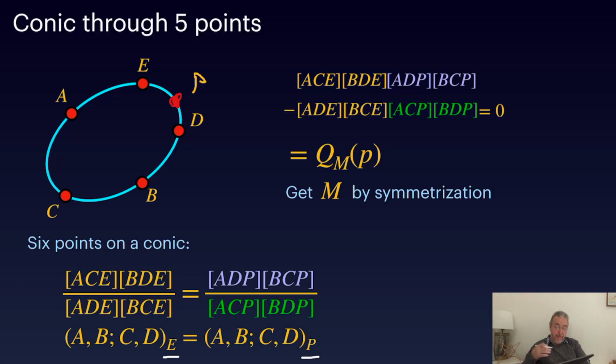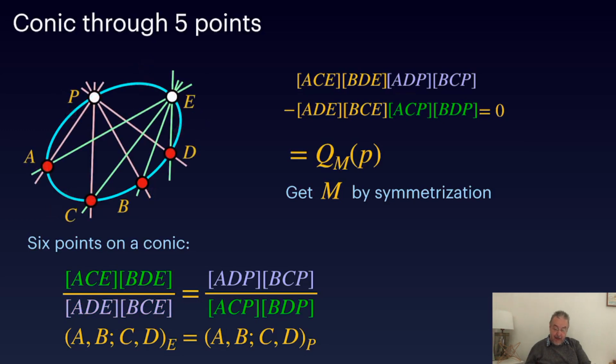And the reason I write that down is that we will need this formula, this characterization of conics later on in many contexts. So let me restate it once more. 6 points are on a conic if and only if 2 of these points, in our case it's E and P, see the other 4 under the same cross ratio.